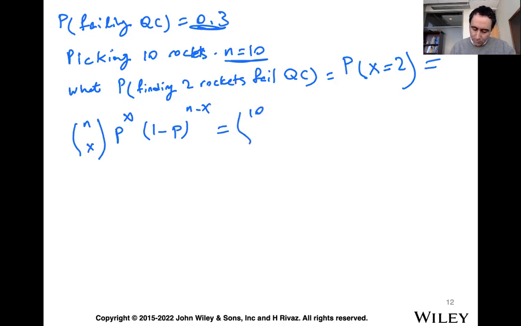N was 10, X was 2, sorry, making too many mistakes. So 10 choose 2, and then 0.3 to the power 2, and then 0.7 to the power 8.